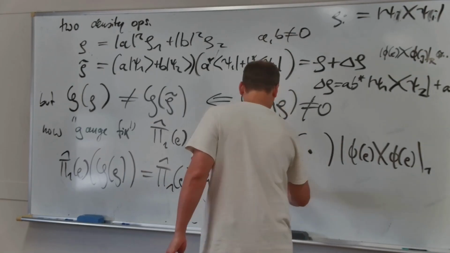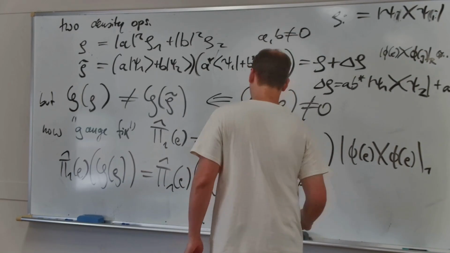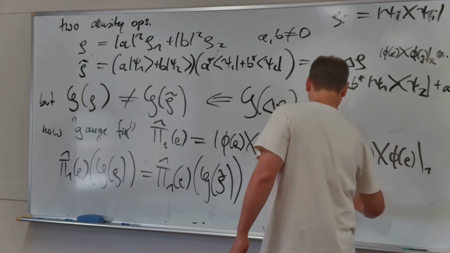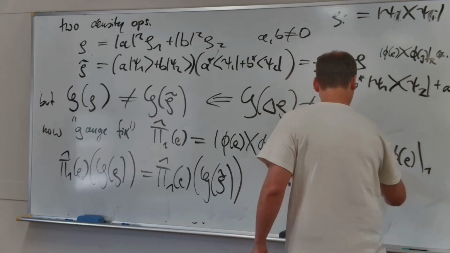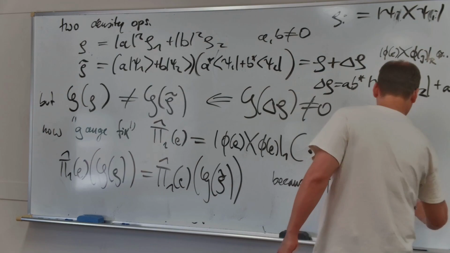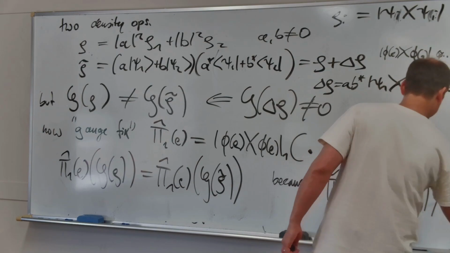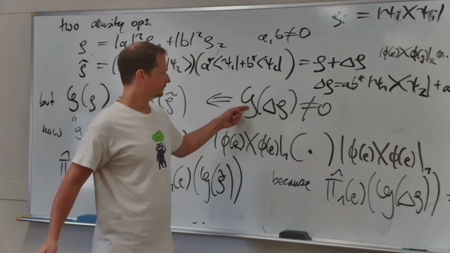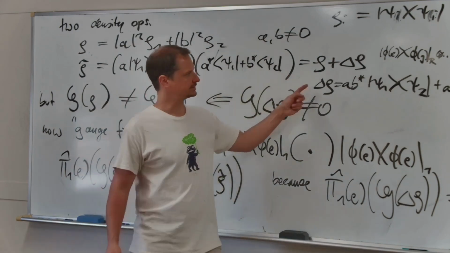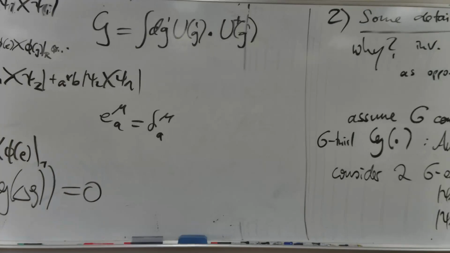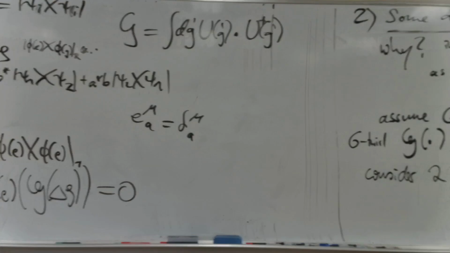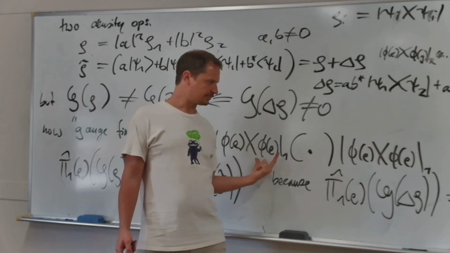This is because I run E acting on this G delta rho. So here, the G of this delta rho of this guy is non-zero. But the thing is that here I'm conditioning on this.